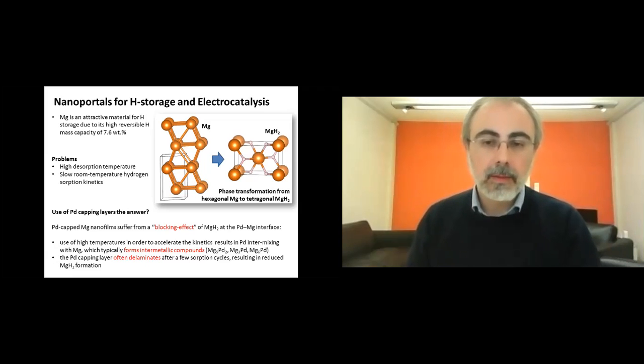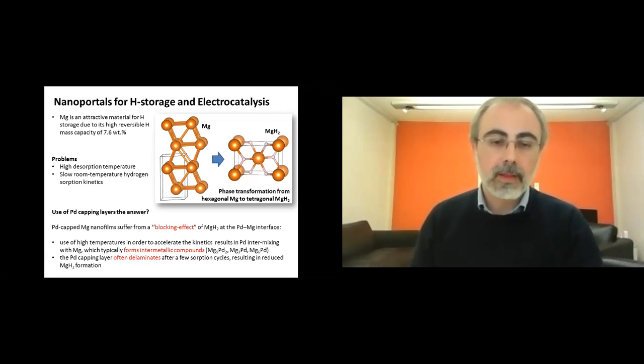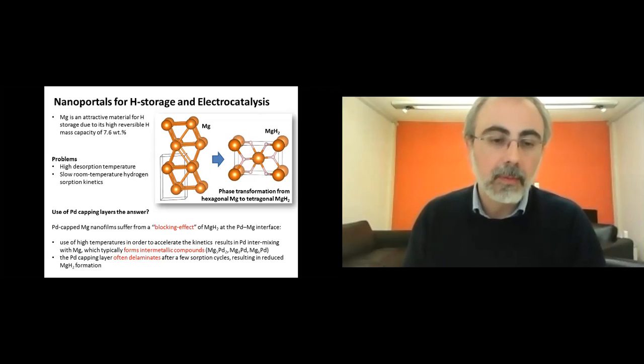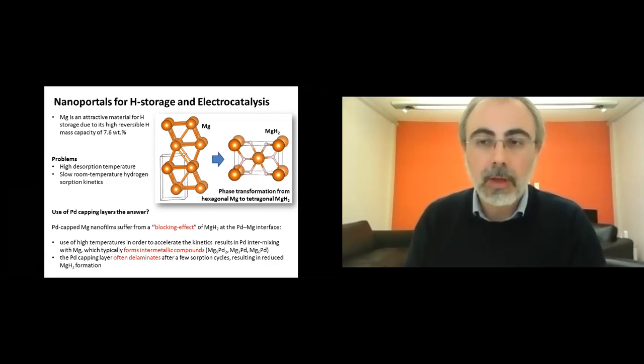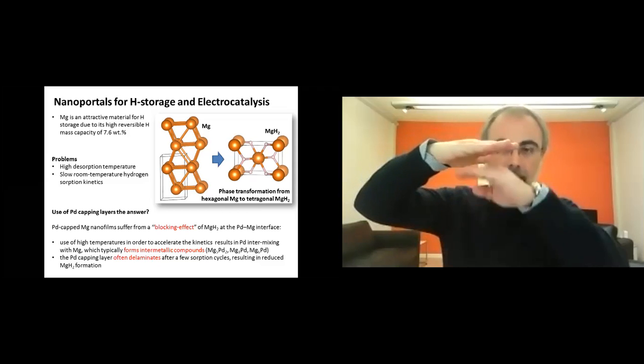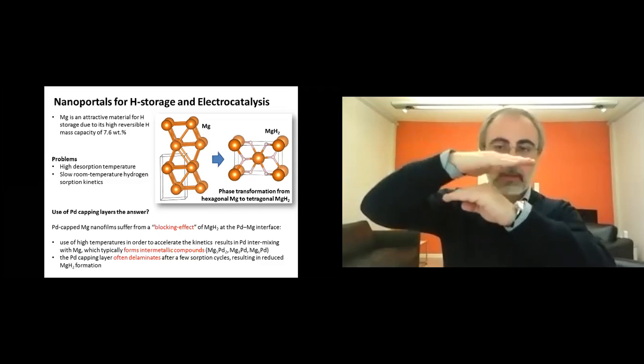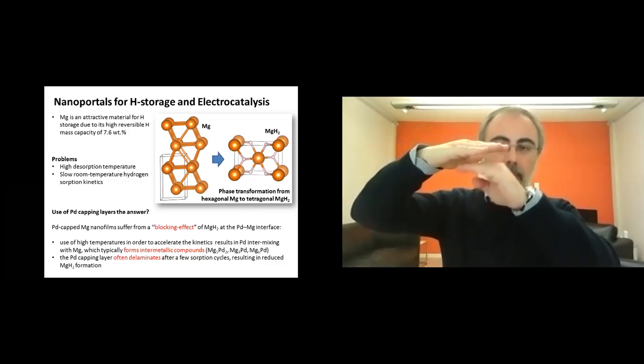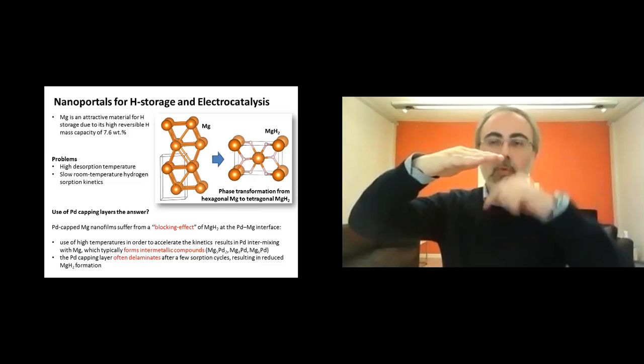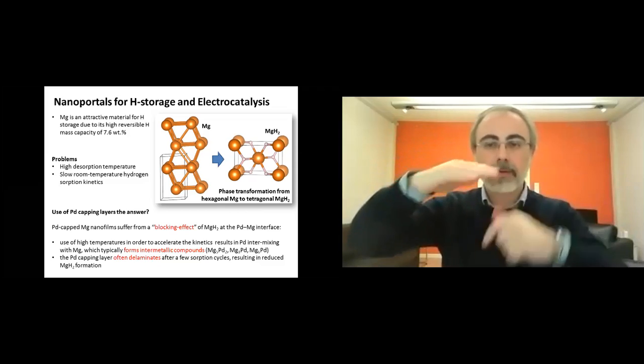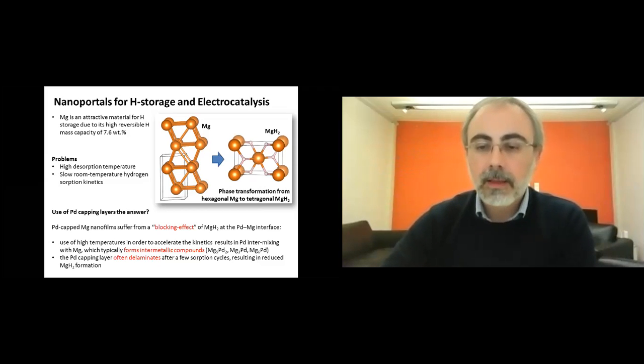But the problem was that, first of all, the magnesium nanofilm suffered from a blocking effect, which means that exactly underneath the palladium layer, there is a magnesium hydride layer, which is more difficult for extra hydrogen to penetrate. So it reduces the speed of the process.